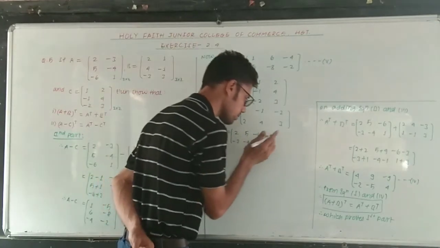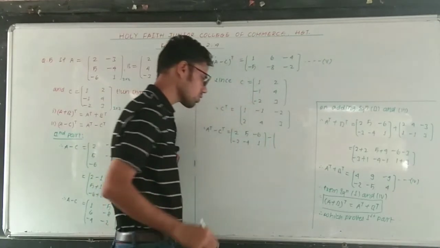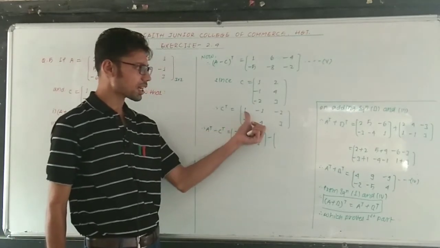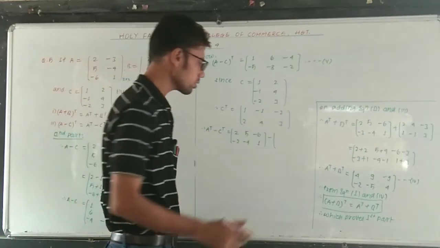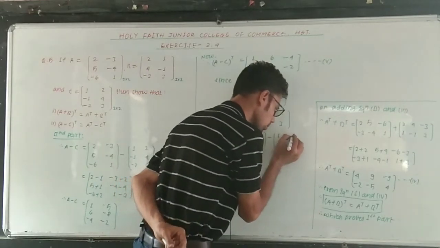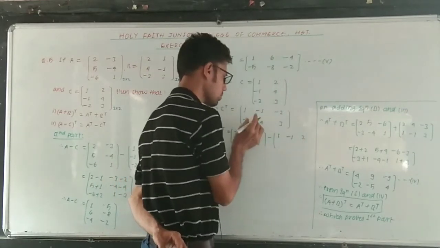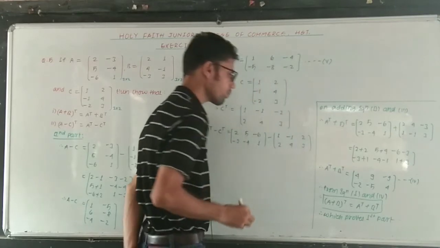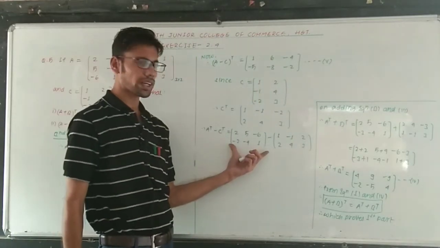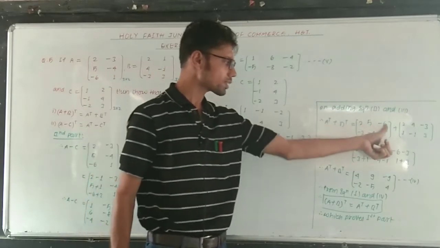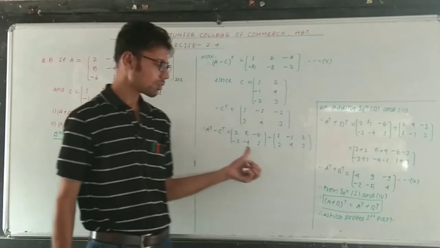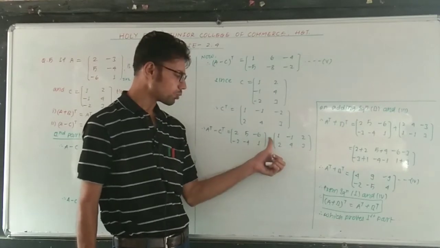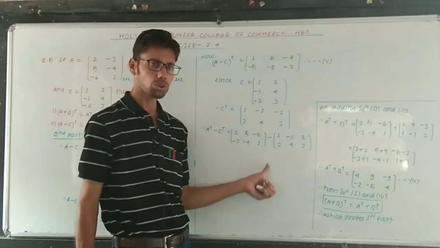We have to find the subtraction, not addition. What is the value of C transpose? 1, minus 1, minus 2, 2, 4, 3. This is the value of A transpose and this is the value of C transpose.